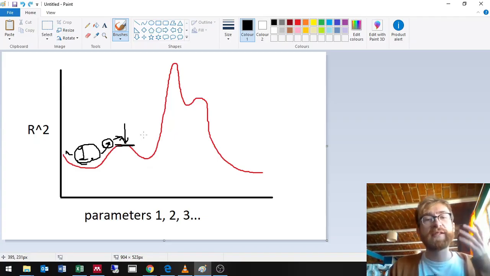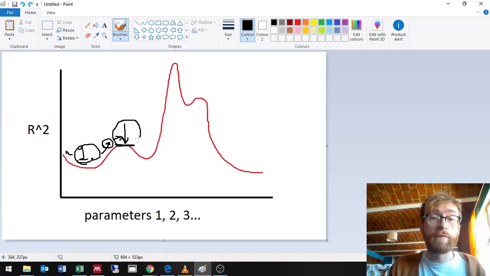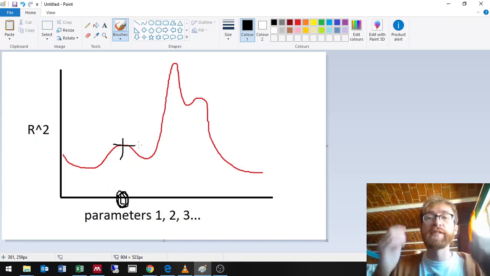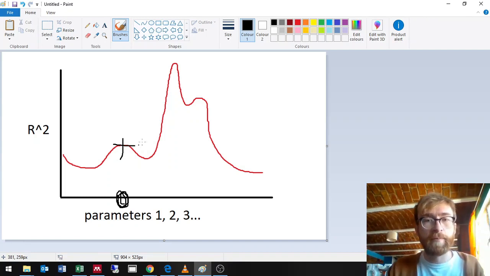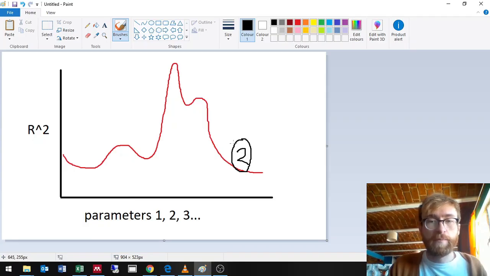So Microsoft Excel's Solver function would converge on this value here, and it would tell you that the optimal solution is to have your parameters at this value here. It will think that this is the best R squared value, when in reality, our best R squared value is here. The same thing, if we start over here, position number 2, Excel's Solver function will move in this direction.